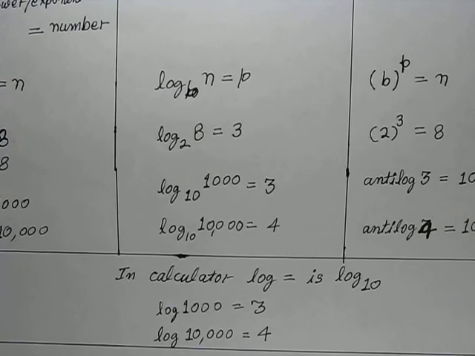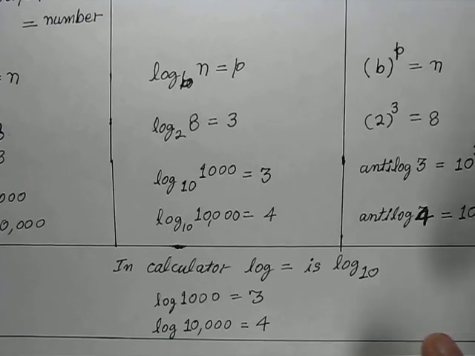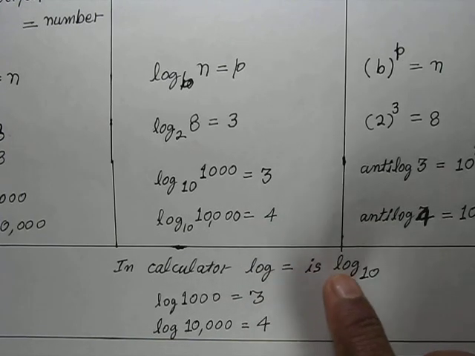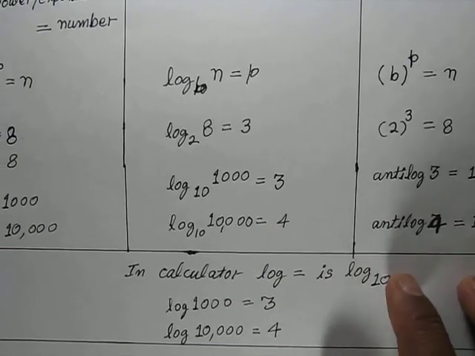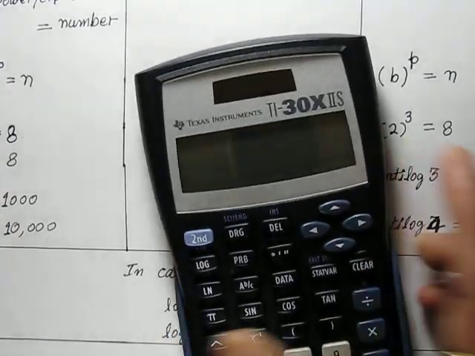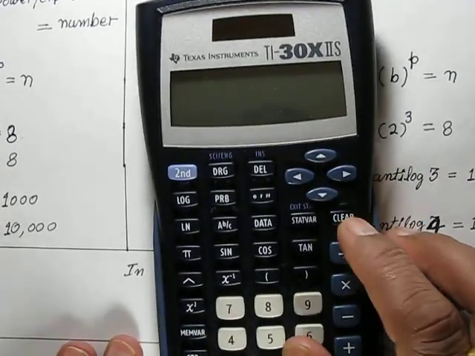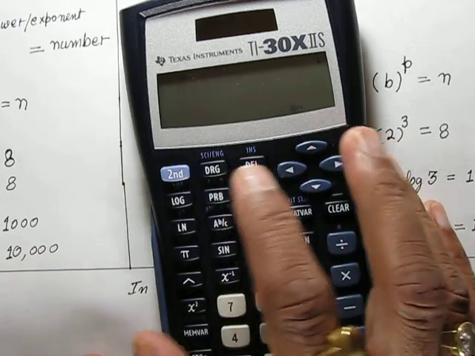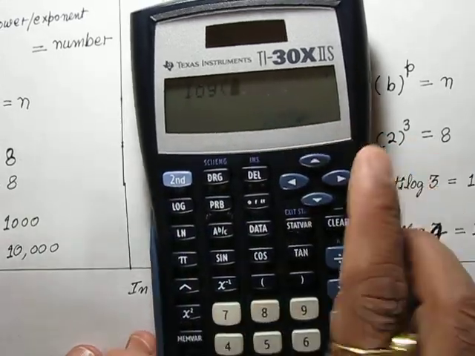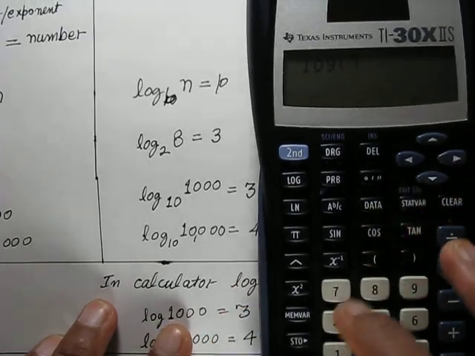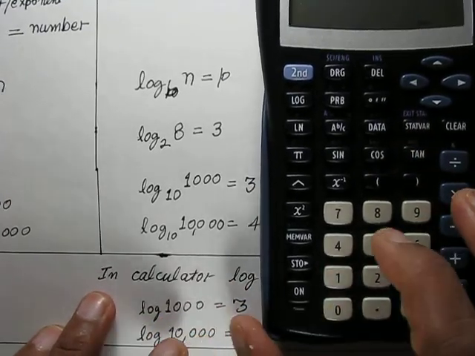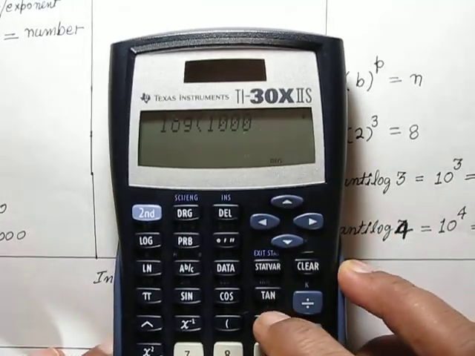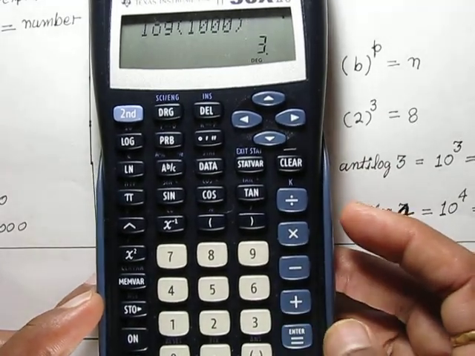In a calculator, usually when they write log, it means log base 10. I have this TI-30X calculator, and the log button is just after second. If I take log 1000, the log always comes with an opening parenthesis, then close the parenthesis and press enter, you will get 3.